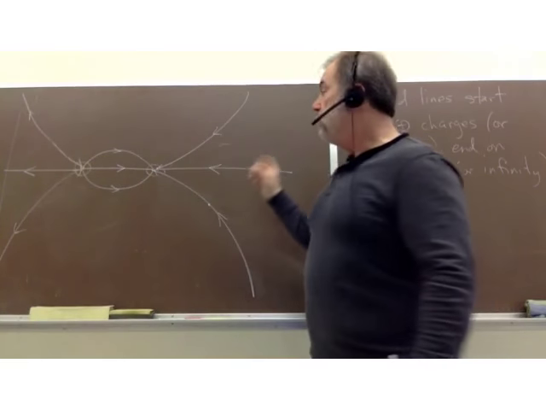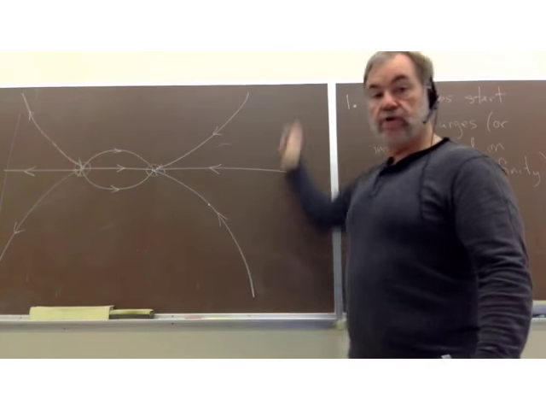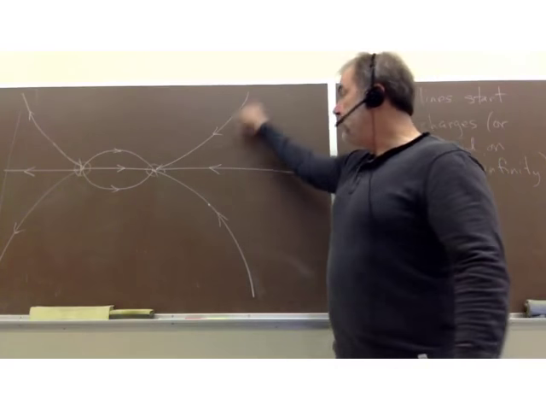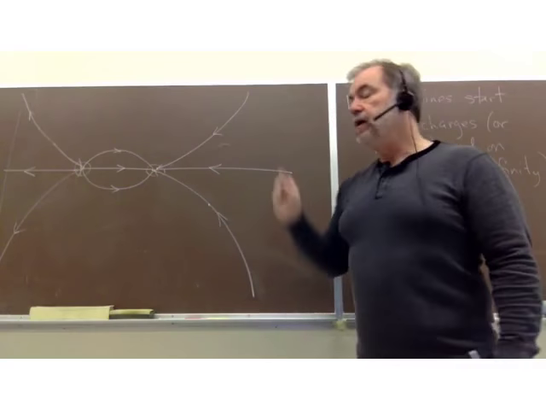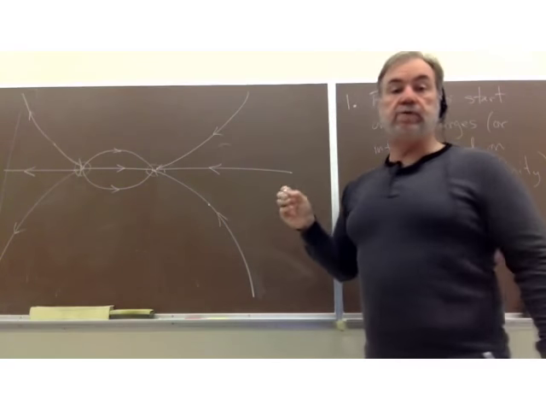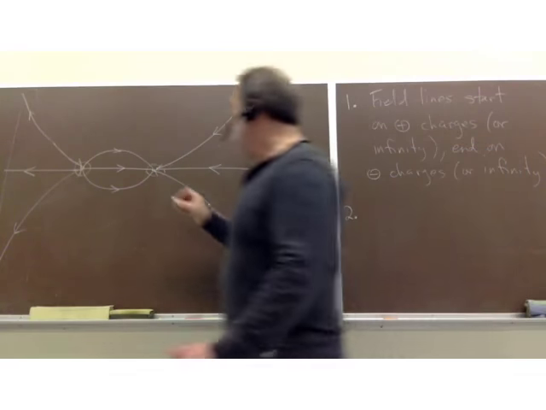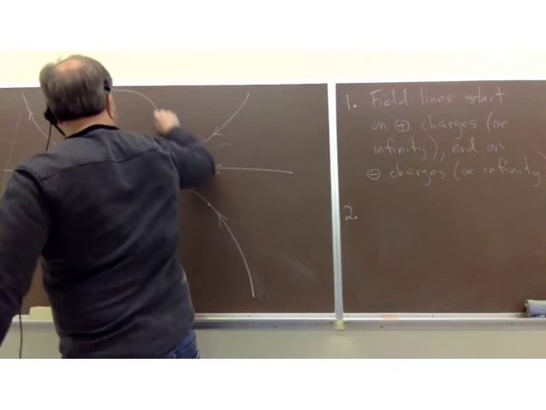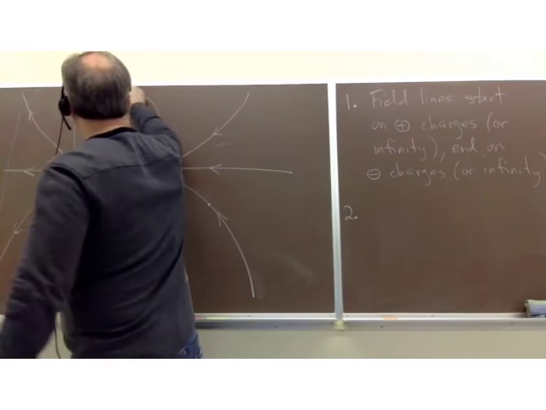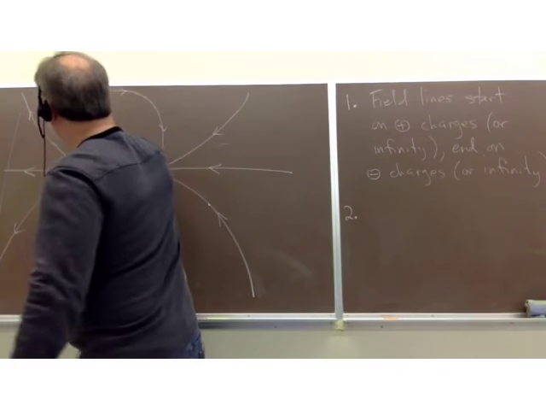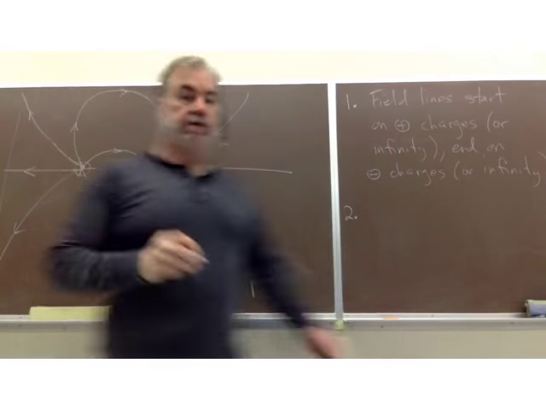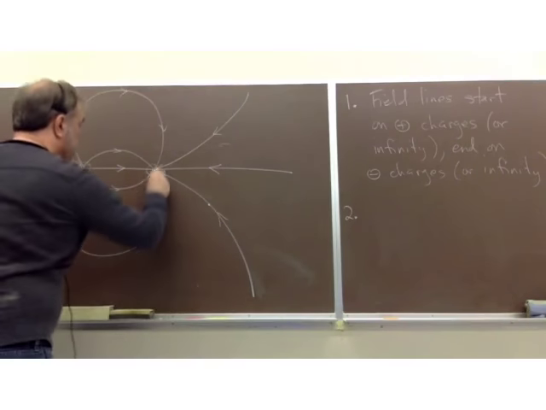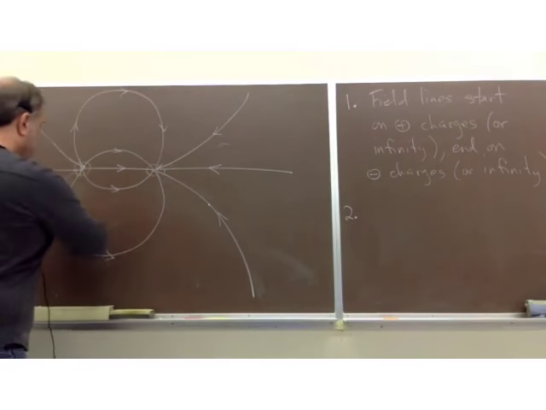It'll be a big loop, but they all have to curve around in a sense that brings them around to the other charge. The way I had them curved earlier, incorrectly, they couldn't have done that. So I knew something was wrong, and I just had a brain fart. Okay. Start on the positive charge, loop around, end on the negative charge. Start on the positive charge, loop around, end on the negative charge.